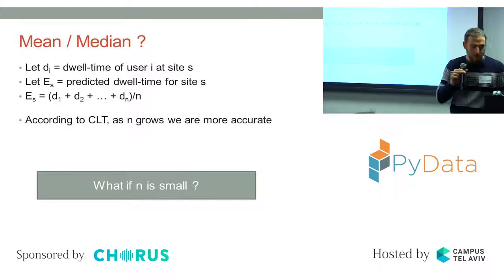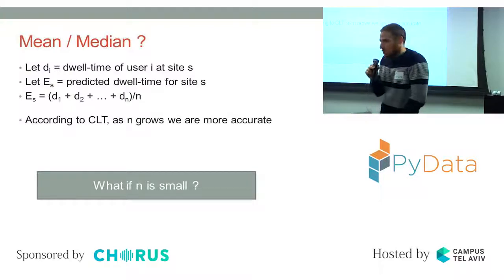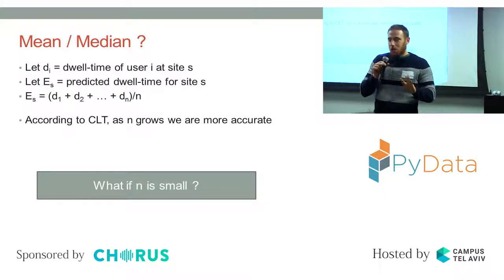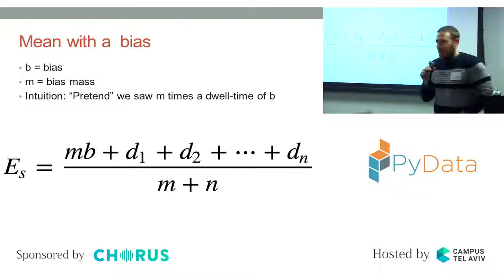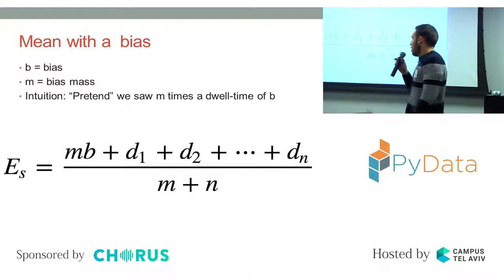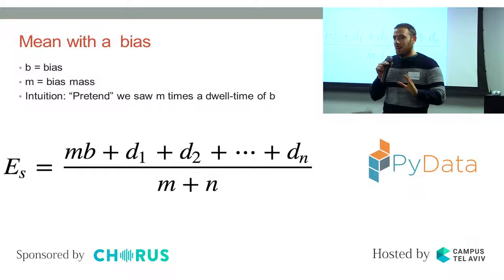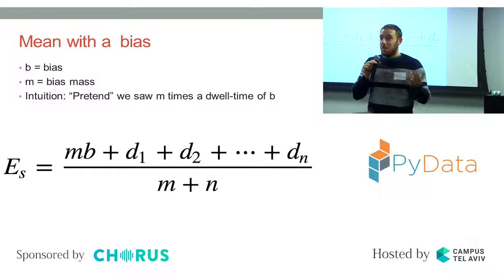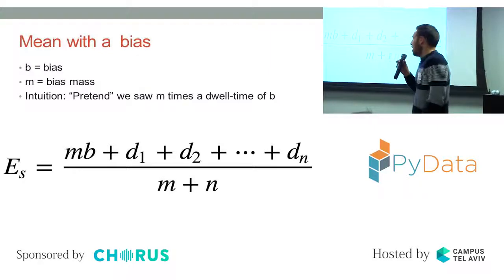However, what do we do when n is small? This is a crucial point in our analysis, and we need to introduce a bias. There are two ways you can go. Either you say, if I have less than 30 observations, I have nothing to do and give up. Or you try to introduce some prior knowledge.